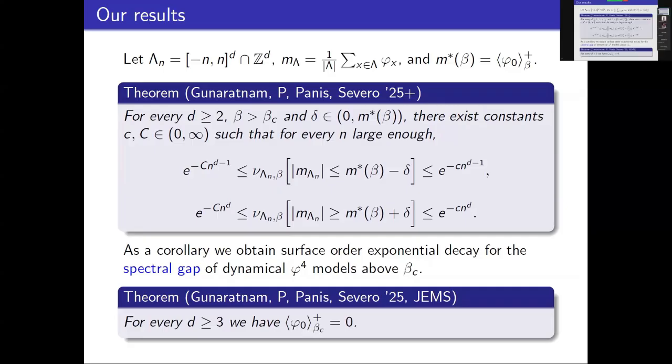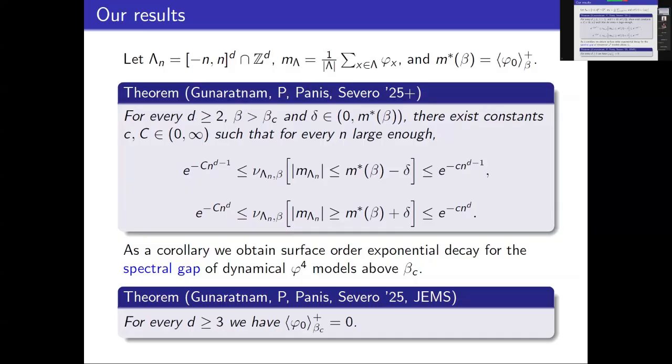So what we do is we take some box, Lambda n, and we consider the average of the spins in this box. Okay, and we are working above beta c. And what we're interested in is large deviation estimates for this average magnetisation, for this empirical magnetisation.